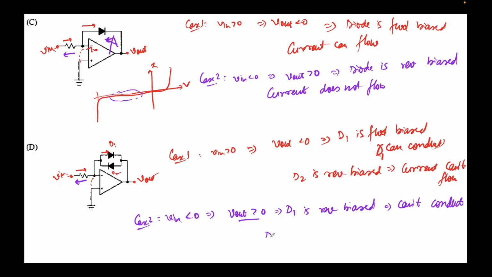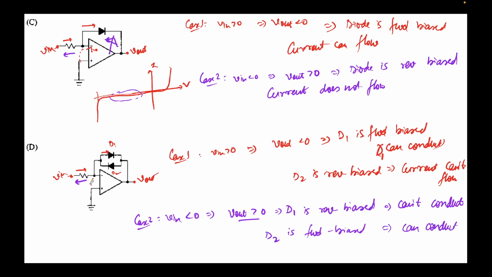Now let's talk about D2. D2, its N terminal is connected to 0, while P terminal is connected to some positive V out, right? So this means D2 is forward biased, operating in the first quadrant, and it can conduct.